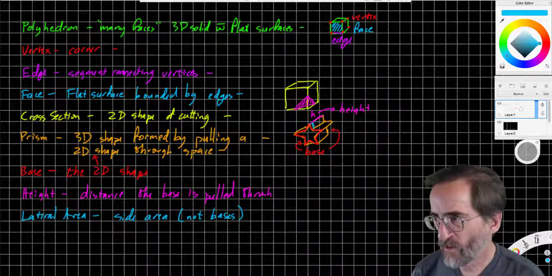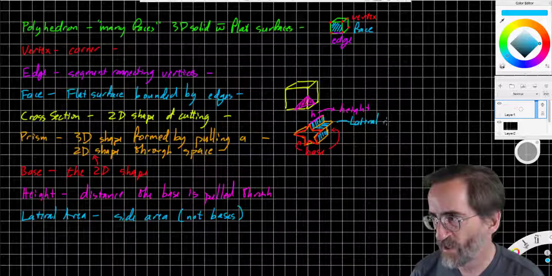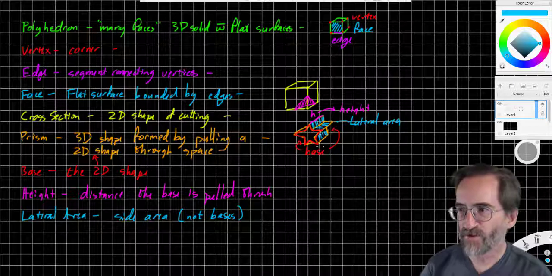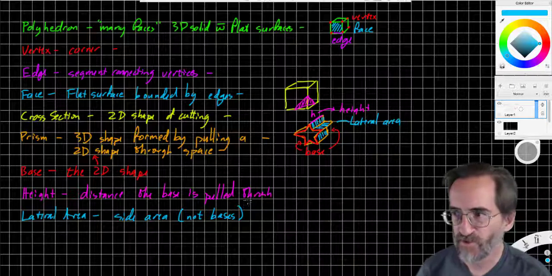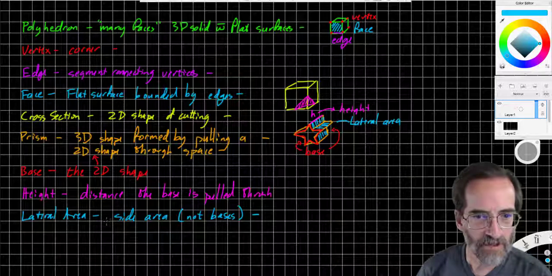So the lateral area is all this area. Lateral means side. Not the bases, not the two stars, but the sides, which is all rectangles. Okay, lateral area.